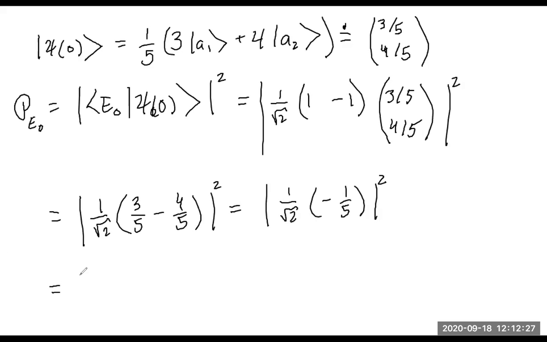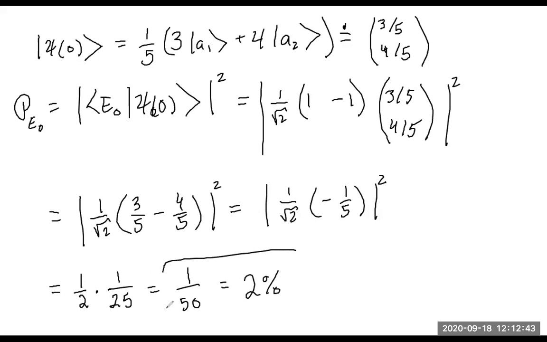When I square it, I get 1/2 times 1 over 5 squared, so that's 25. And this becomes 1 over 50, or 2%. So there's a 2% chance of measuring E naught at t equals 0.